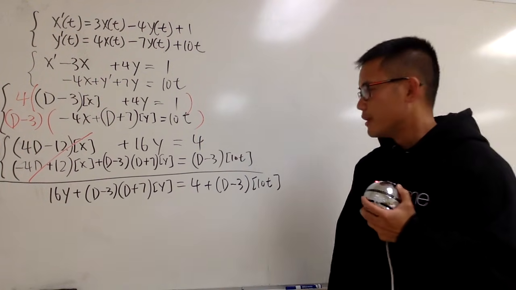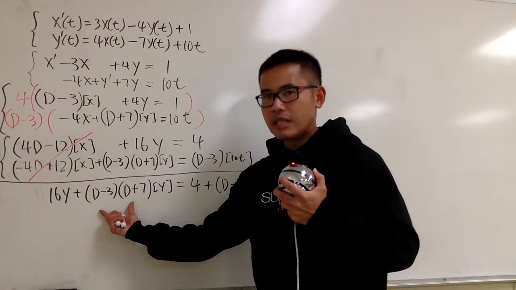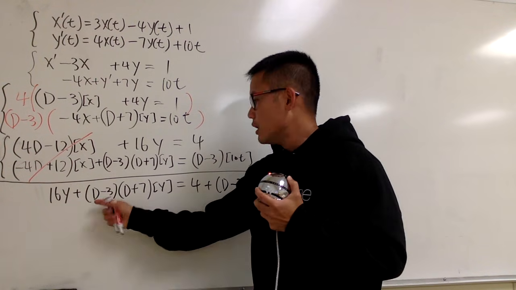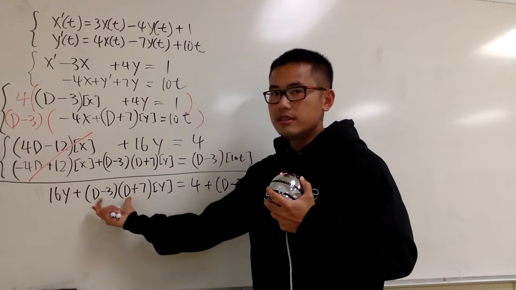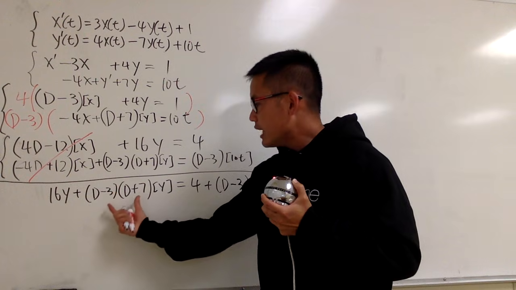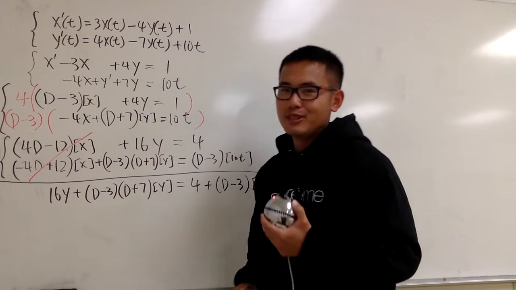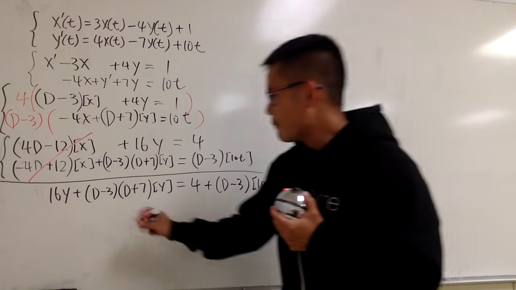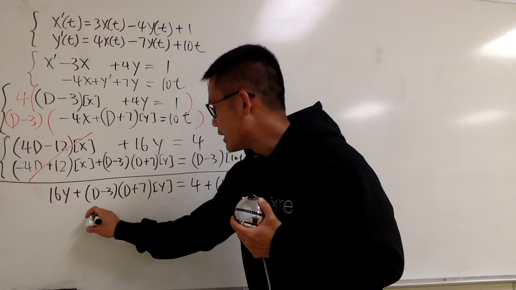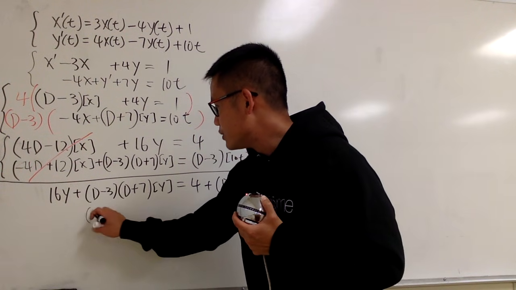Next, I'll show you. The beauty of using the capital D notation is that, you see, these are constants only. There's no t in here. In that case, we can just multiply this out, just like a regular polynomial. This right here becomes d times d, which is d squared.